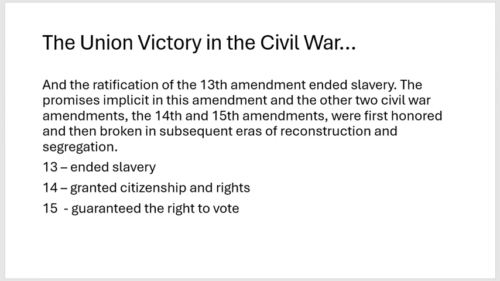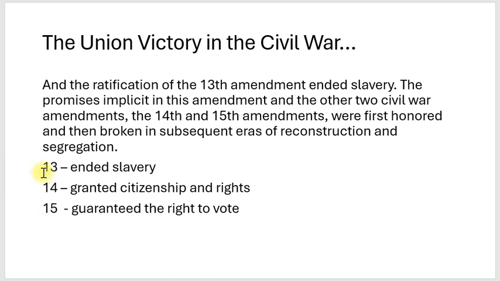So Reconstruction is that era in American history after the Civil War where we bring the southern states back into the Union and are trying to teach them, quote, how to be good individuals, how to treat all people with equality. So that is Reconstruction.